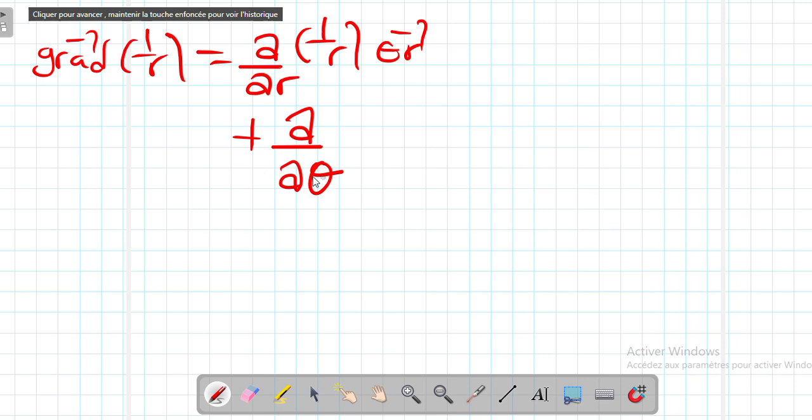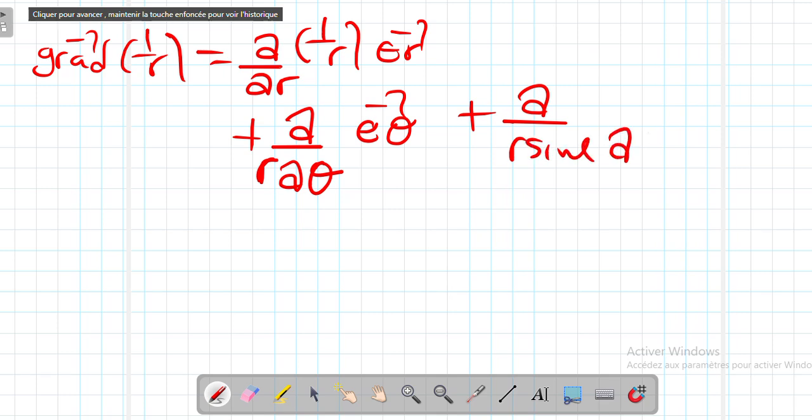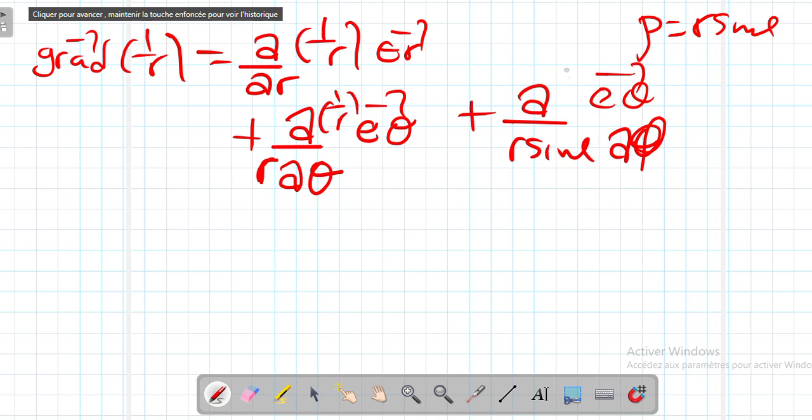Theta moves with r, so here I'm going to put r, in the direction of e theta, plus the partial derivative with respect to phi, which moves with rho, and rho in the spherical system is r sine theta. The function is 1 over r. Now I'm going to find each component.